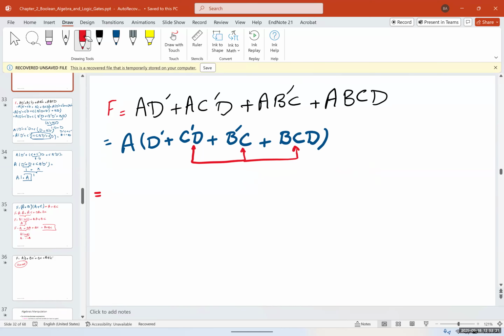So if I want to factor out, let's do it again. I don't want to do everything at the same time. So it's going to be A D prime plus C prime D plus B prime C plus BCD.